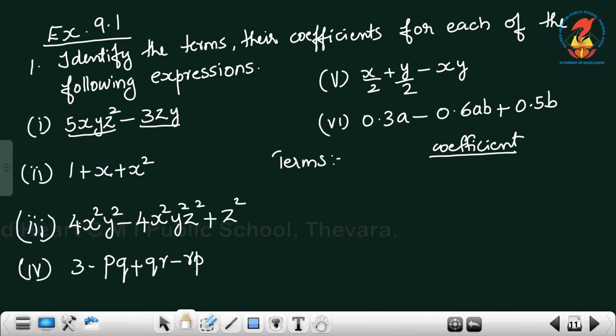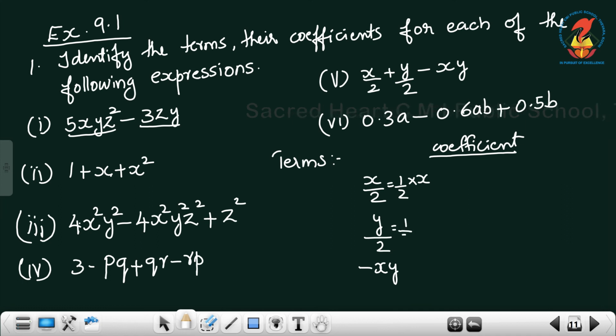Next, the fifth one: x by 2 plus y by 2 minus xy. How many terms are in it? 3 terms. First term x by 2, second term y by 2, third term negative xy. What is the coefficient of x by 2? x by 2 can be written as 1 by 2 into x, and similarly y by 2 as 1 by 2 into y.